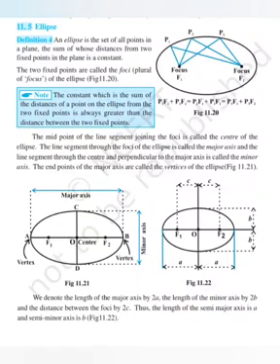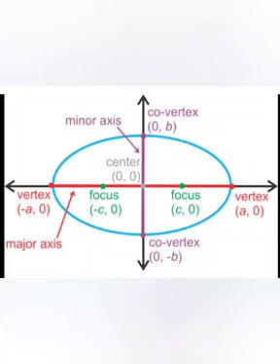Also, let F1 be at a distance of c from the origin and F2 also at a distance of c from the origin. Then we can write the coordinates of F1 as (-c, 0) and the coordinates of F2 as (c, 0).